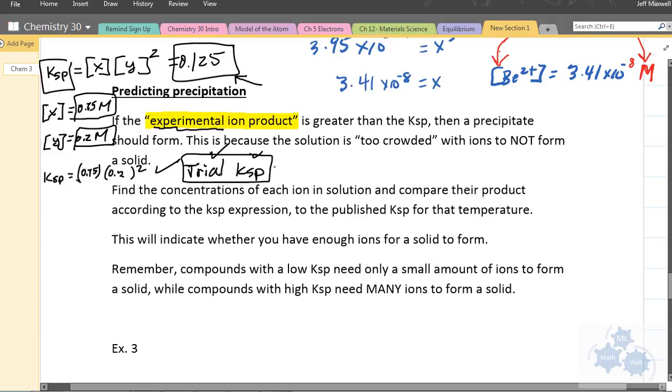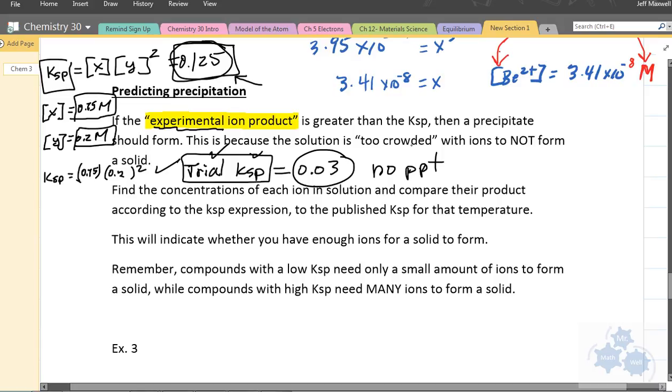Okay, so our trial Ksp is 0.03. So do we have a precipitate forming or not? Some say yes, some say no. This number, the trial Ksp, is smaller than the given Ksp. Smaller. So no precipitate.